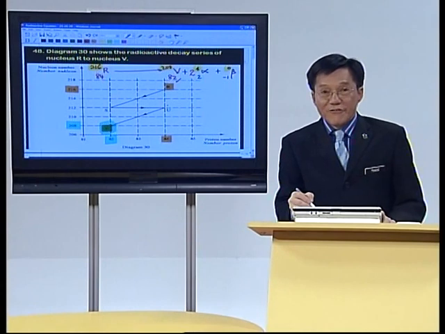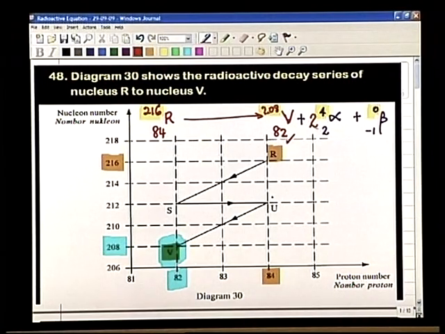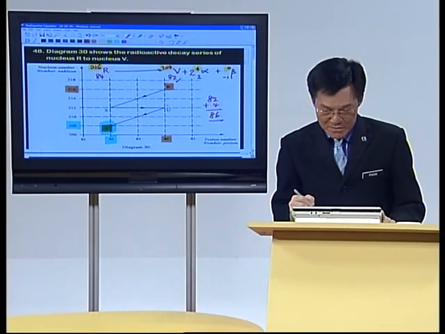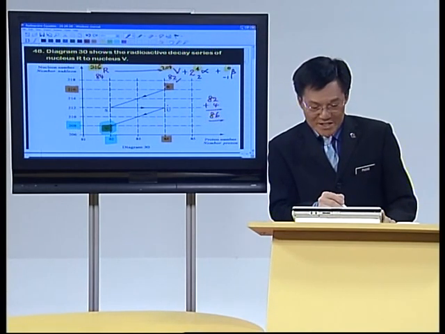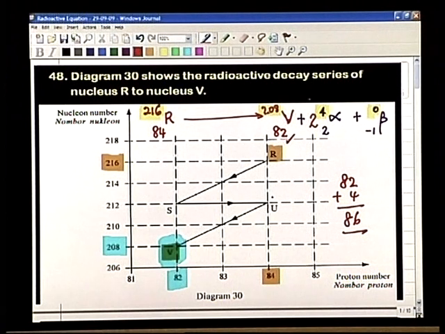And then my alpha, here I have 2 particles, which means that the proton number is 2 times 2, I have 4. So 82 plus 4, it is 86. Huh? How come? You said there's 84 there on the left-hand side. Right-hand side, I have 86, taking into consideration V and alpha.